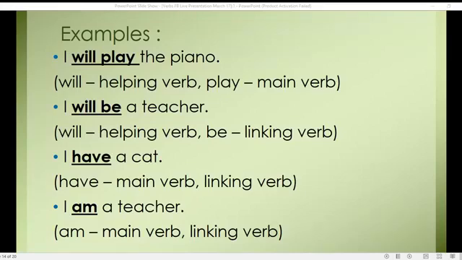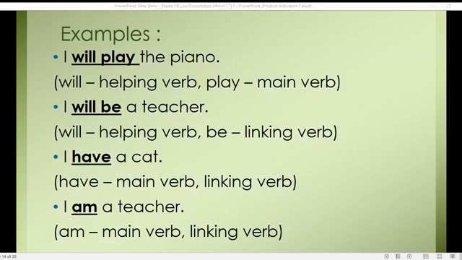So it is also considered as an action word or a main verb kapag it describes a person or an object. Then we have I am a teacher, which is am is the main verb and the linking verb. So yun po ang usage or the difference between the helping verb and the main verbs.